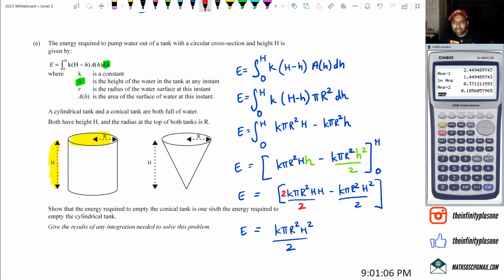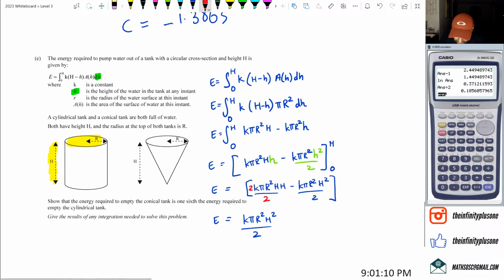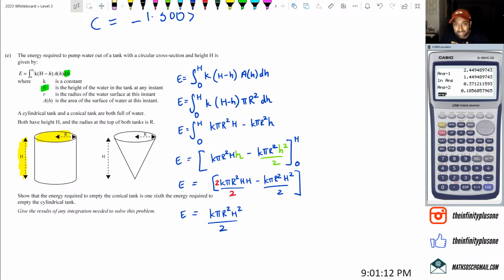Now once you get the cylindrical tank, the next one you've got to do is the cone. So once again we're going to do the same thing with the cone. We're going to go E is the integral from 0 to H of K (H minus h) A of h dh. Now here is the problem.